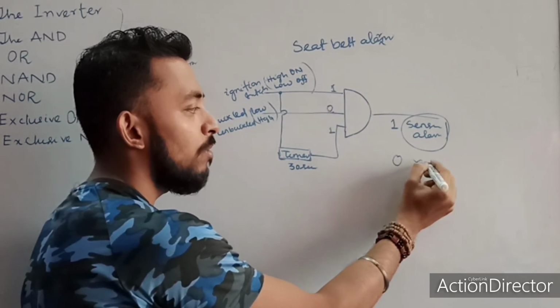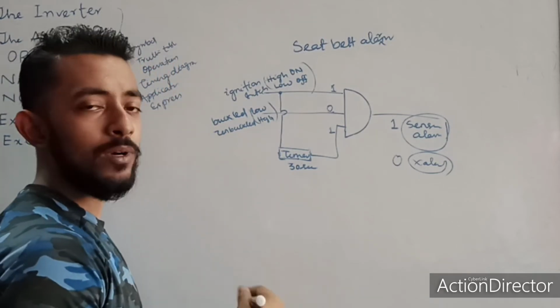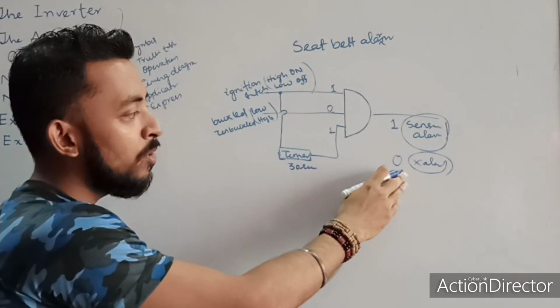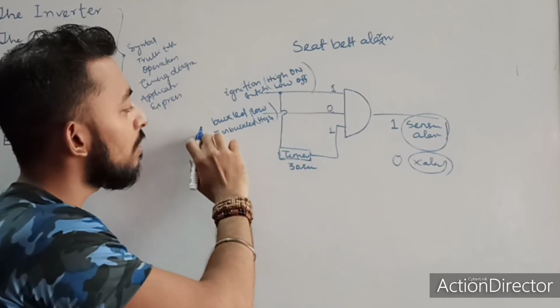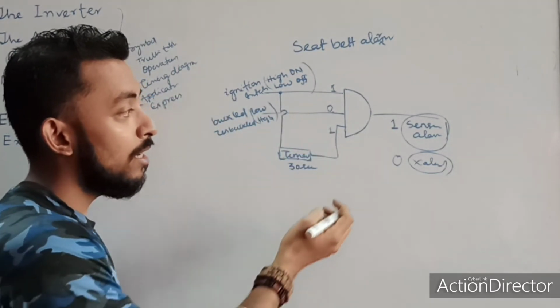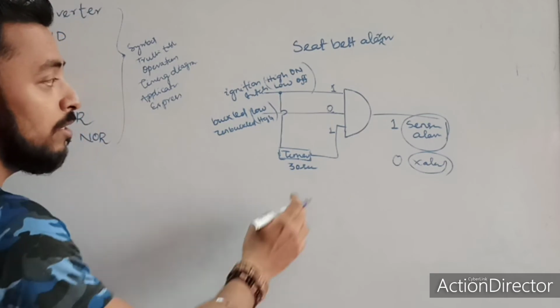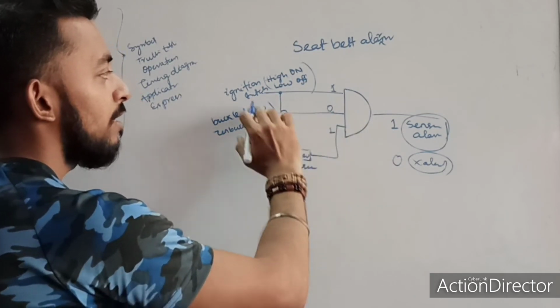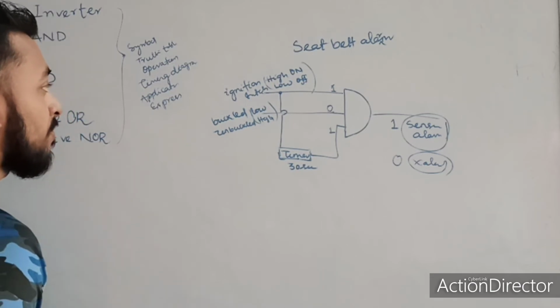Output 0 means there will be no alarm. It means the driver is safe and he is very cautious about the rules. Then the alarm will not sound, or any sensor will not sound. So when the driver has unbuckled his seat belt, then only the output will become 1, and then it will give me a sensor, or an alarm. So you see, we can use our AND gate in our car, in a seat belt alarm. Okay.